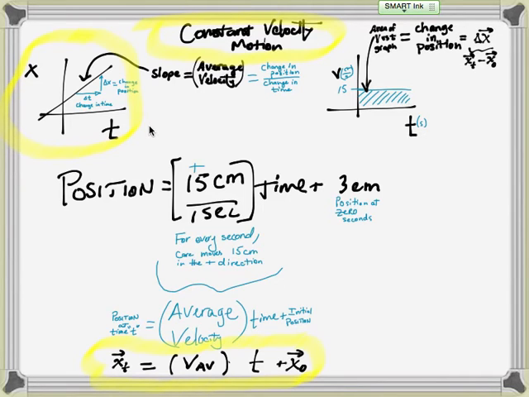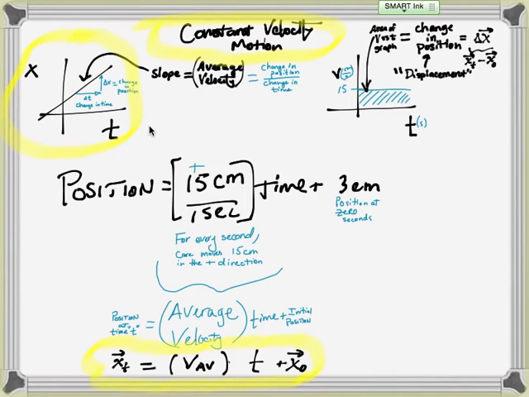And it's given a name in physics. It's called displacement. So again, displacement is your change in position. It's the area of your velocity time graph.